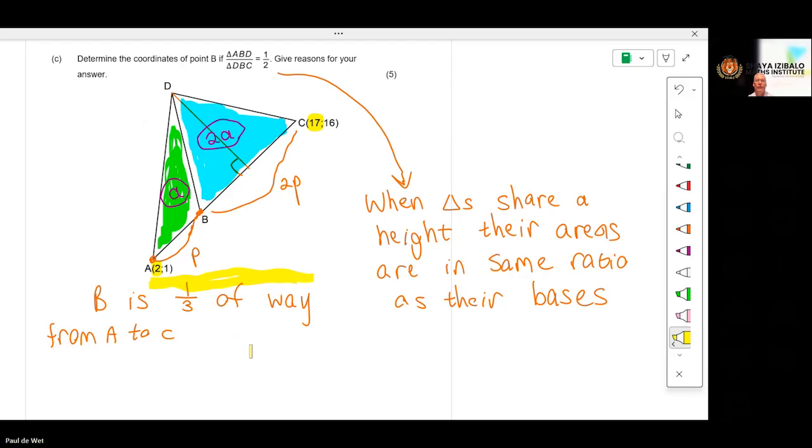Then to get the X, I divide by 3. 15 divided by 3 is 5. So this gap here must be 5. So what's the X coordinate of B? Well done. We're going to add 1/3 of the distance.